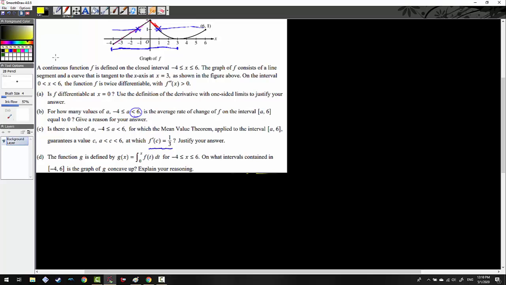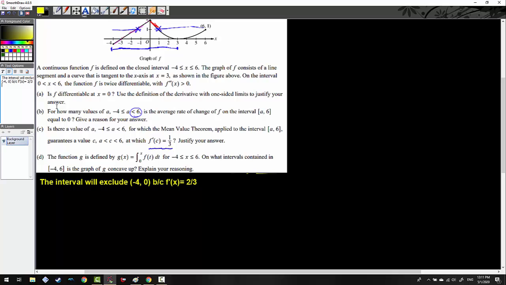We can say the interval will exclude -4 to 0 because f prime of x is equal to 2/3, right? Remember, it's a linear equation, so the slope is constantly 2/3, so there's no way it's going to be 1/3 there, so we can totally exclude -4 to 0.